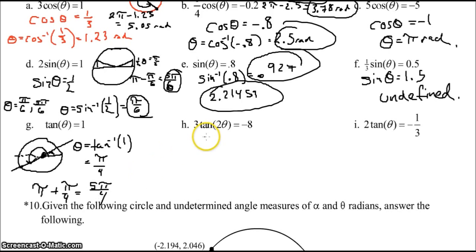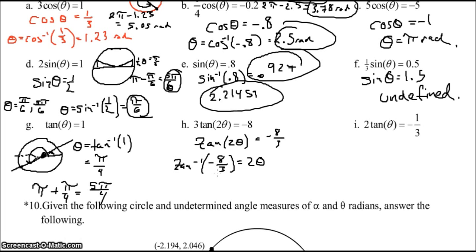For the next one, tangent of 2 theta equals -8/3. We could find the inverse tangent of -8/3, but what that would give us is 2 times theta. I'm going to go ahead and do that.